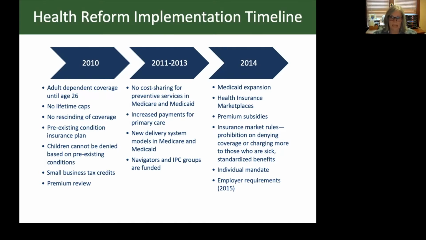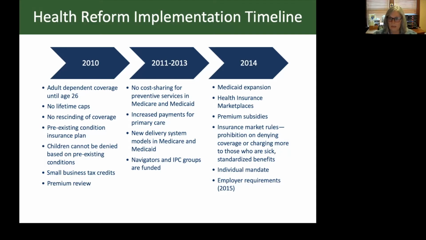And remember that it began by expanding adult dependent coverage until age 26, and it removed a lot of the barriers that used to be really harmful to consumers, such as the lifetime caps on health insurance, the ability for health insurance companies to rescind their coverage, or to deny you coverage or charge you differently based on pre-existing conditions, and so on. So the Affordable Care Act started out in 2010 with making really significant changes to all forms of health insurance, and these changes continue today.